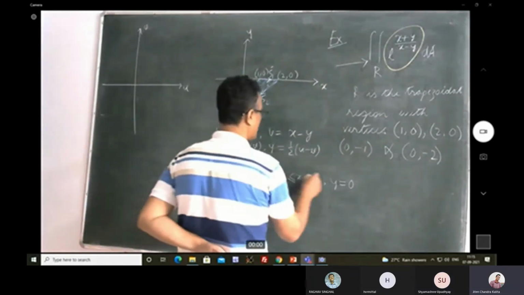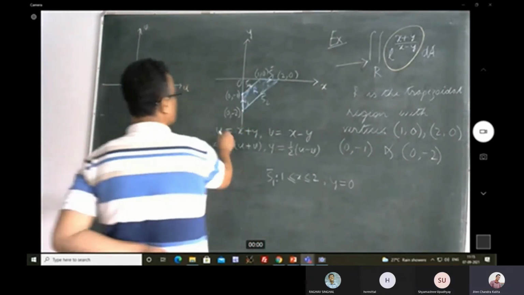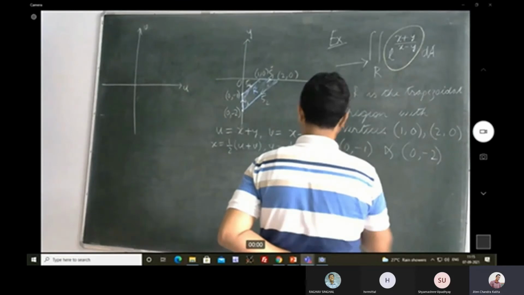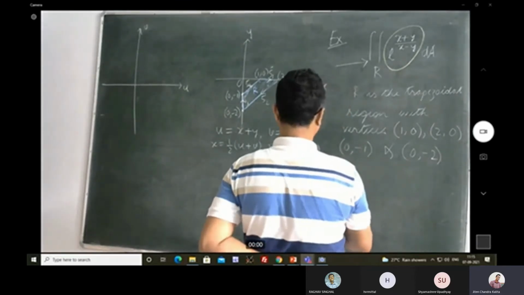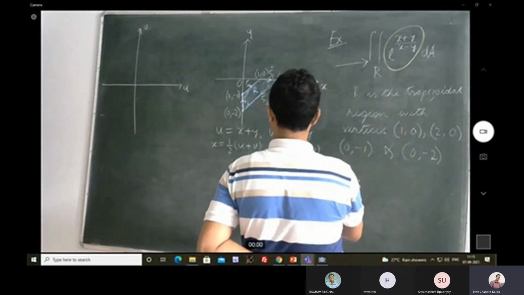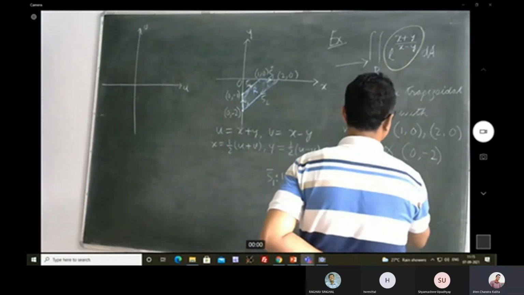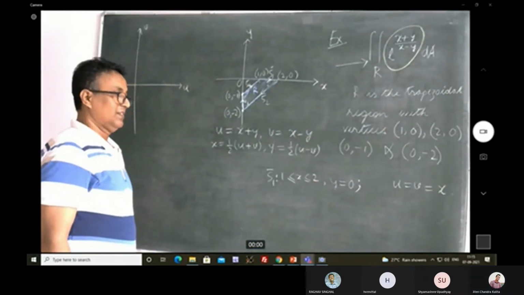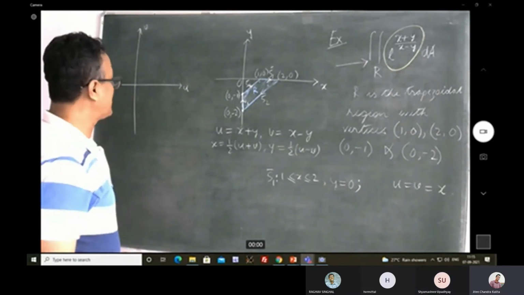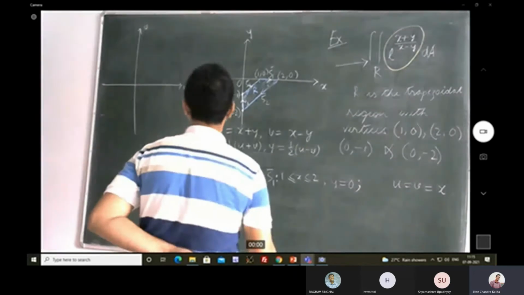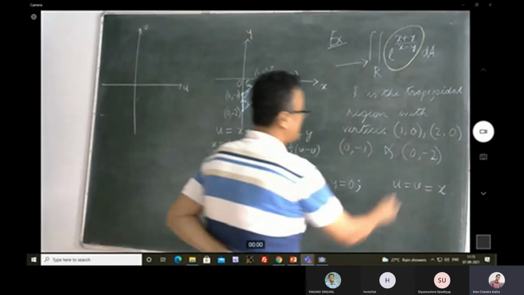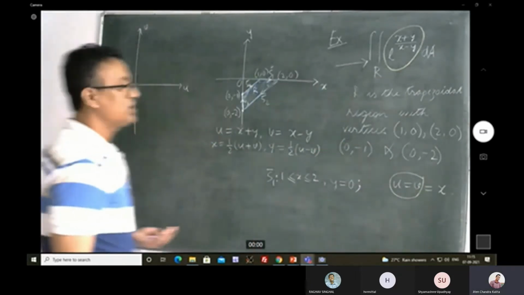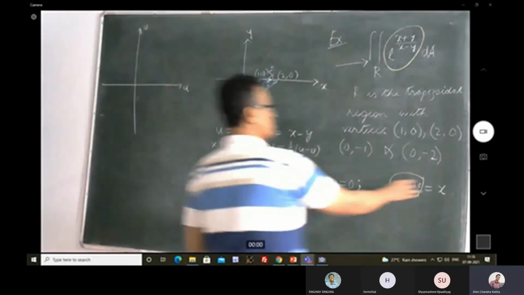Now if I consider u and v, if y is equal to 0, then u equal to v, which equals x. So in the UV plane, I am going to consider the line u equal to v, because they are equal to x.